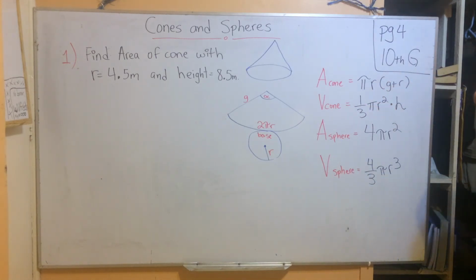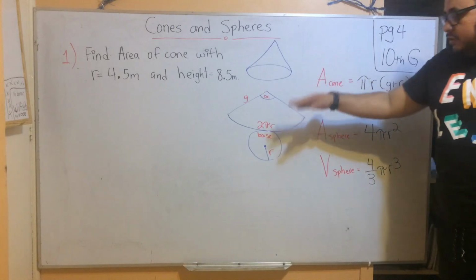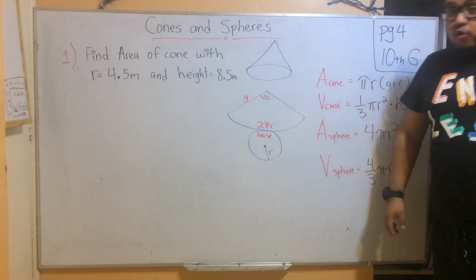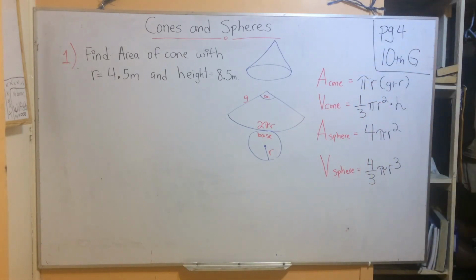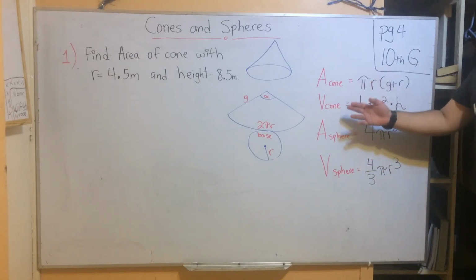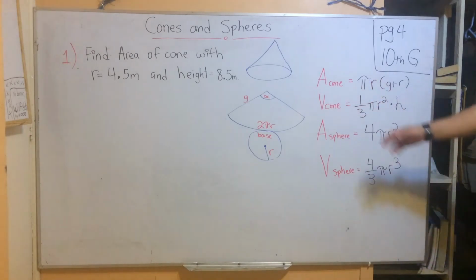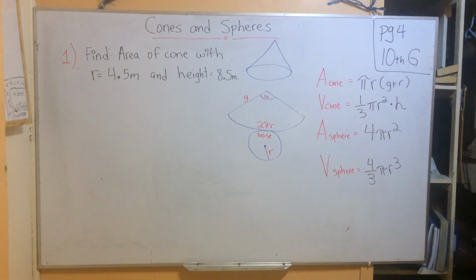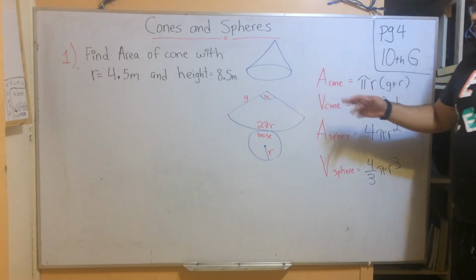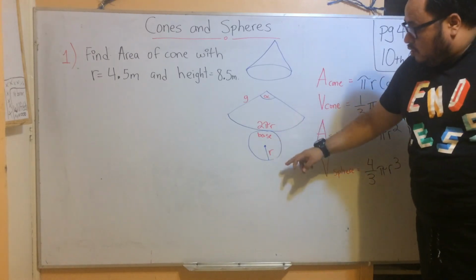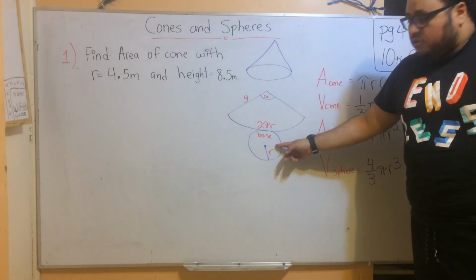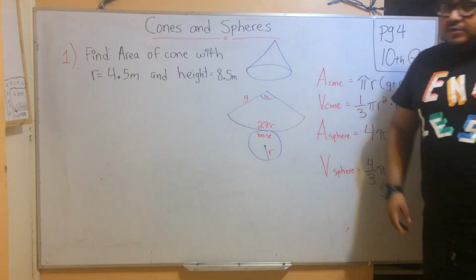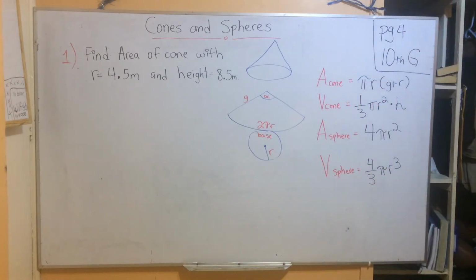It has the figure of a part of a circle, and then we have a normal circle as a base. When we're looking for the area and the volume of a cone, we just need to substitute the values. Remember that when we're talking about the surface area of a cone, we will need to add the area of the circle plus the area of the sector.